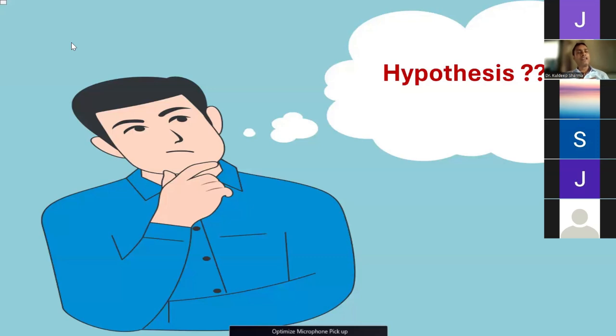Suppose I give a statement or an assumption that tomorrow I will fly in the clouds, is it possible? No. Then you will tell me, sir, an assumption can be anything, and therefore it is a hypothesis. No. An assumption should be verified.